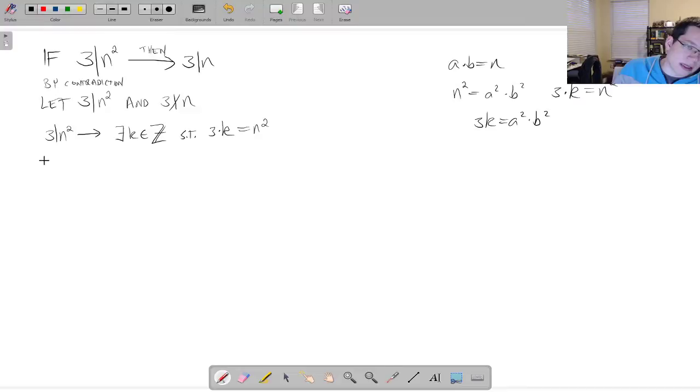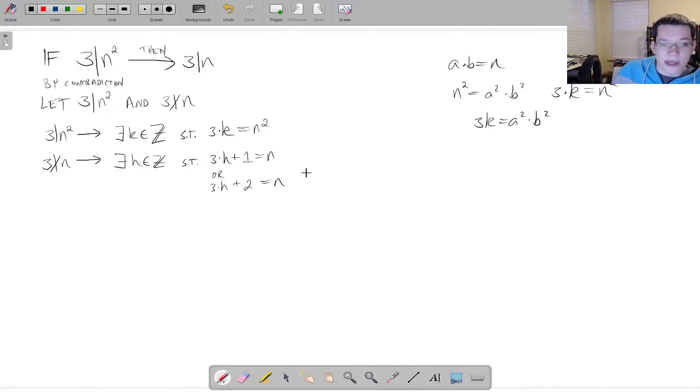We also can say 3 does not divide n implies there exists an h in Z such that 3 times h plus 1 equals n, or 3 times h plus 2 equals n.